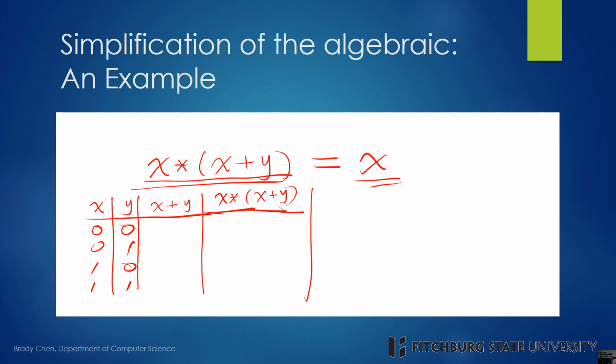Okay. So x is 0, y is 0, x or y is 0. 0, 1 is 1, 1, 0 is 1, 1, 1 is 1, because that's the OR operation. And then let's do the AND operation between x and x plus y. So 0 and 0 is 0, 0 and 1 is 0, 1 and 1 is 1, 1 and 1 is 1, right?